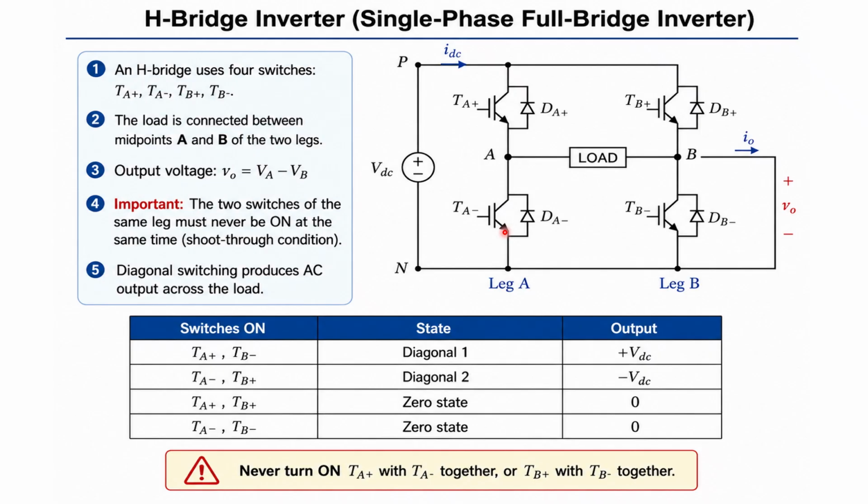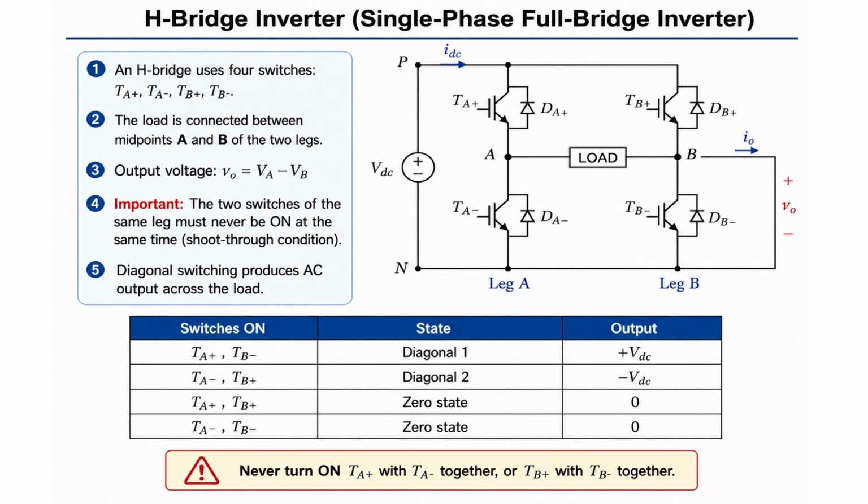Now observe the switching state table. TA plus and TB minus are turned on, that is, the diagonal switches. Point A is connected to the positive of the DC supply through the switch TA plus, and point B is connected to the negative of the supply through TB minus.